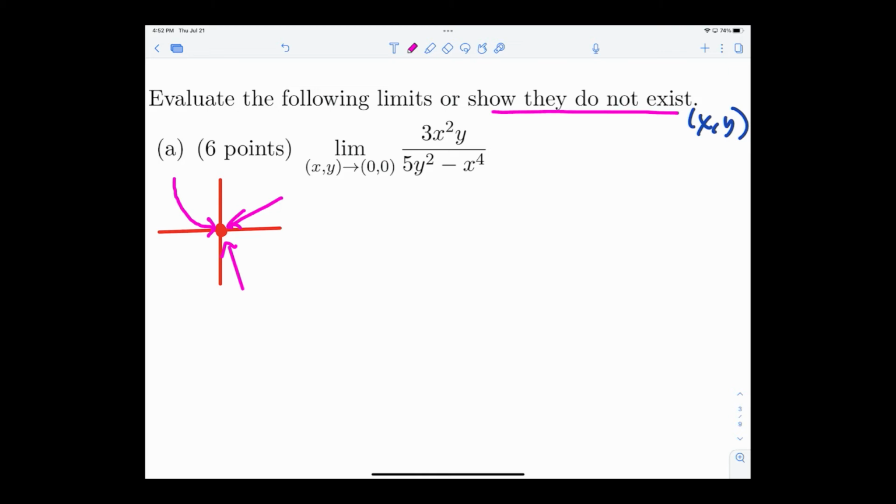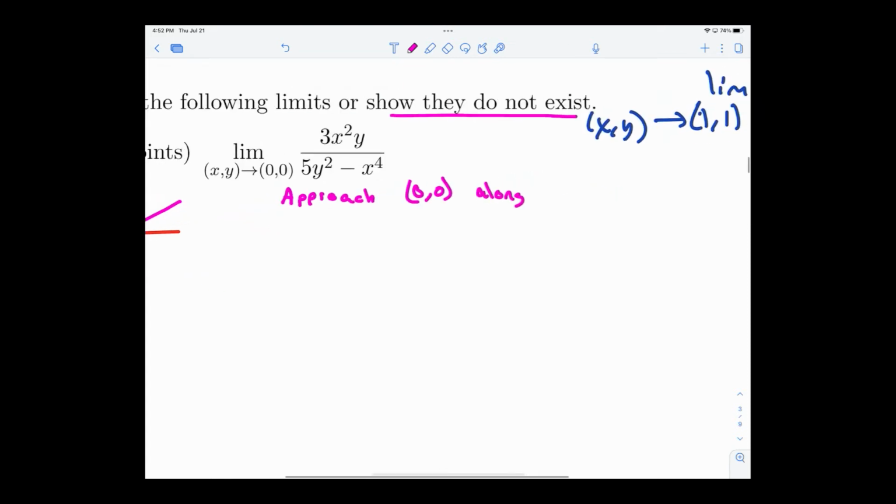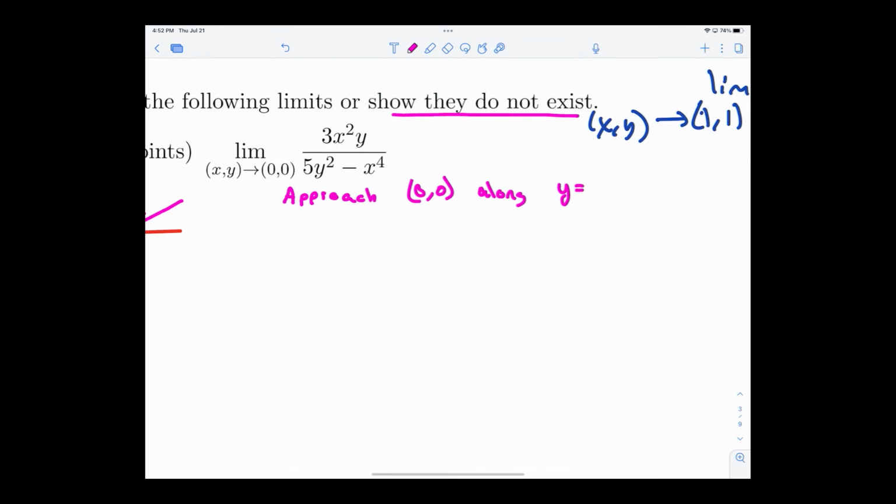So I'm going to try this. I'll approach 0, 0 along the line y equals mx, a straight line through the origin. It needs to go through the origin because it has to go through 0, 0. So what would that look like? Well, we would take our limit as x, y goes to 0, 0.